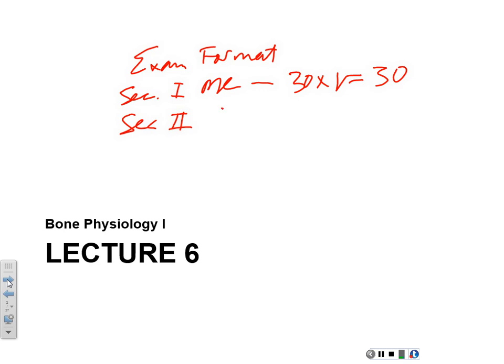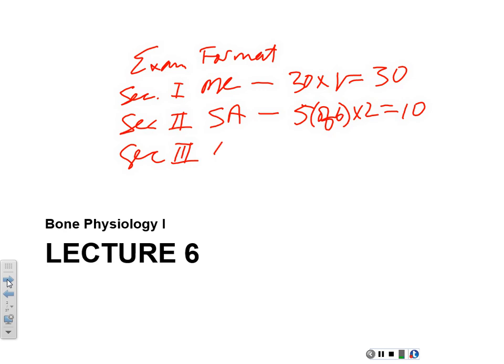Then, of course, the short answer questions: we have 5 of 6 times 2, which is 10. And then section 3, the usual long answer. This time, if you list your answers nicely, it makes it easier for you to make sure you got all the points, and it also makes it easy for me to grade.